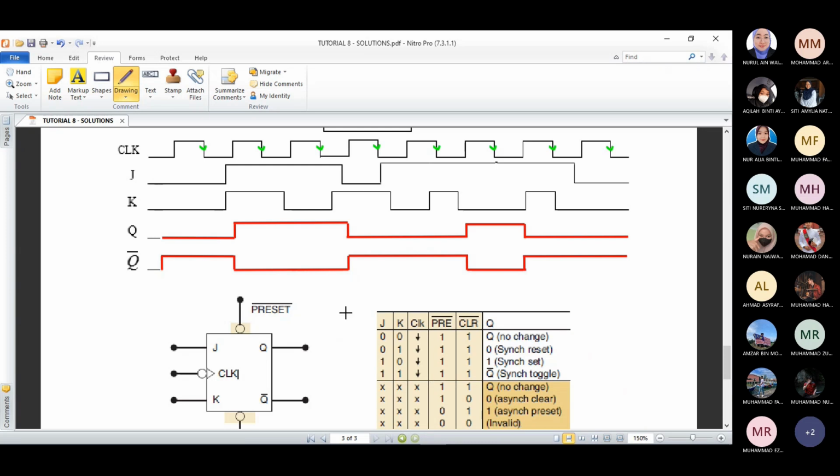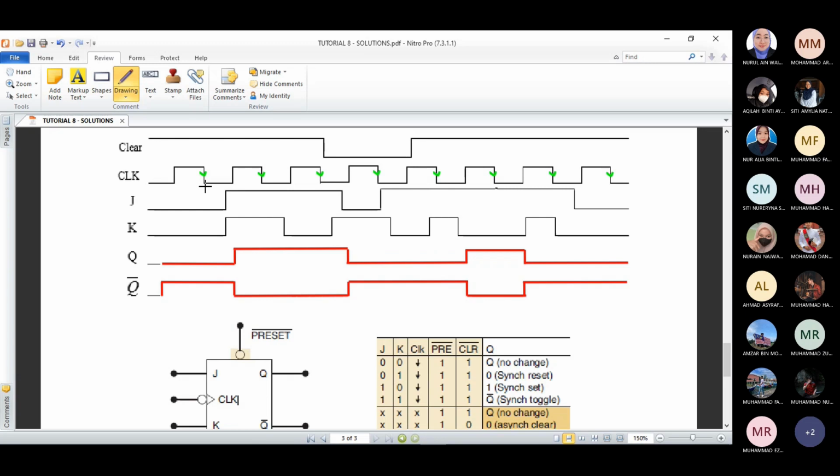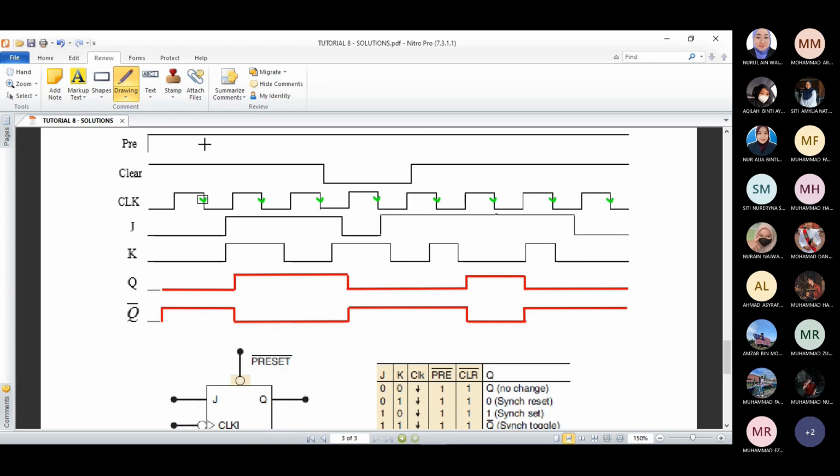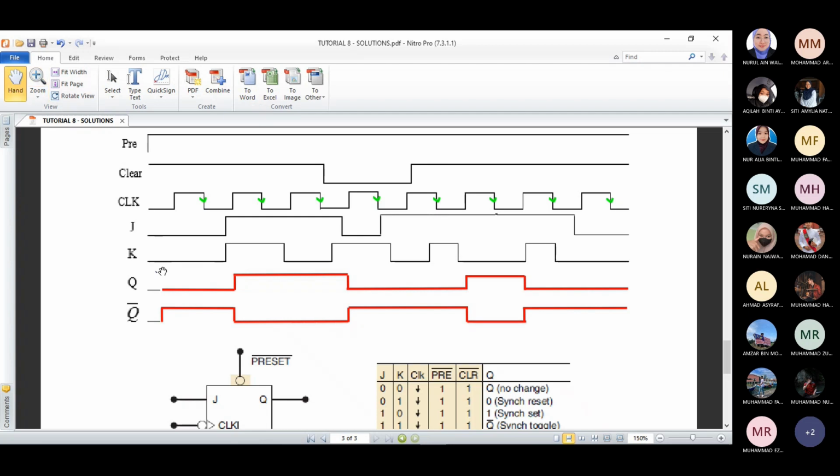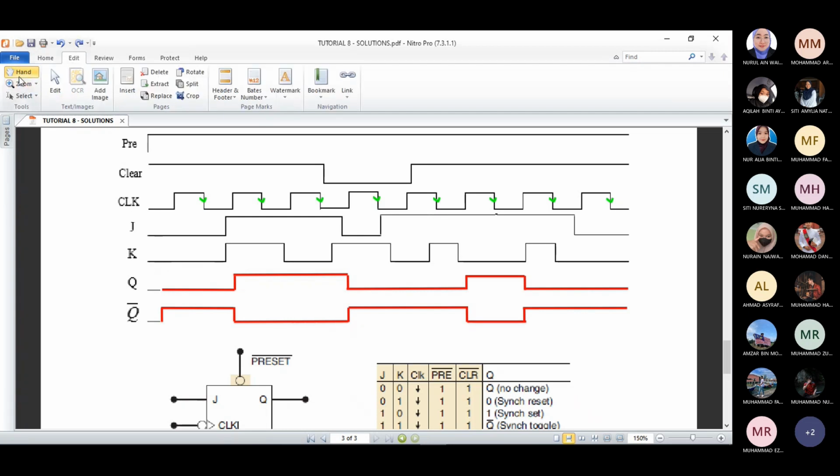Okay, so kita kena tengok 4 input dekat sini. So the first one, kita tengok this point here, where preset and clear is 1 and 1, okay, then kita tengok pula J and K, it is 0, 0. So preset and clear 1 and 1, J and K 0 and 0, so dia berada pada no change. So I'll still remain the output as 0 lah.